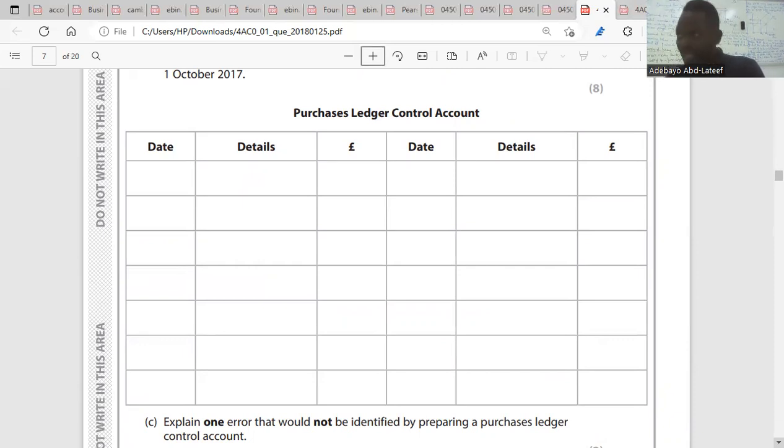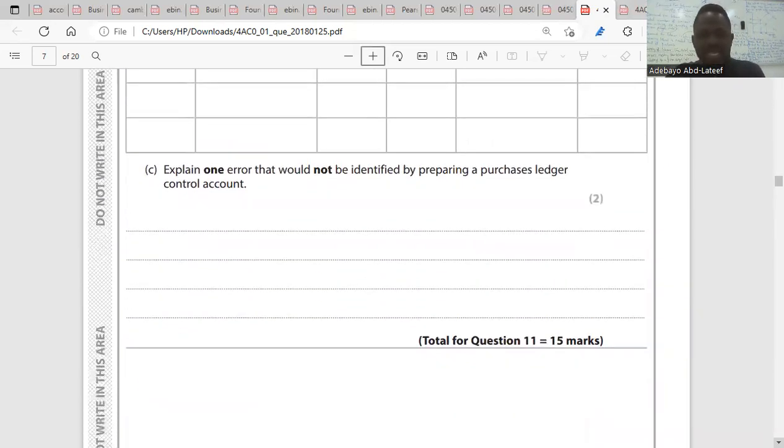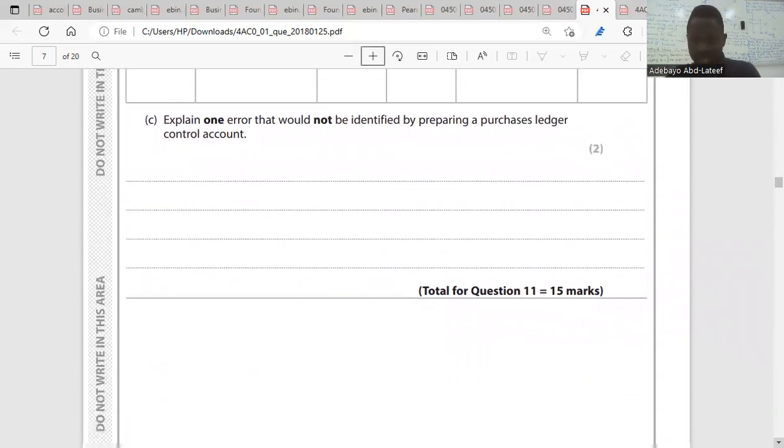At the end of September, we go to October 1. So on October 1, we have balance brought down of 12,167 on your credit side. Is that clear?